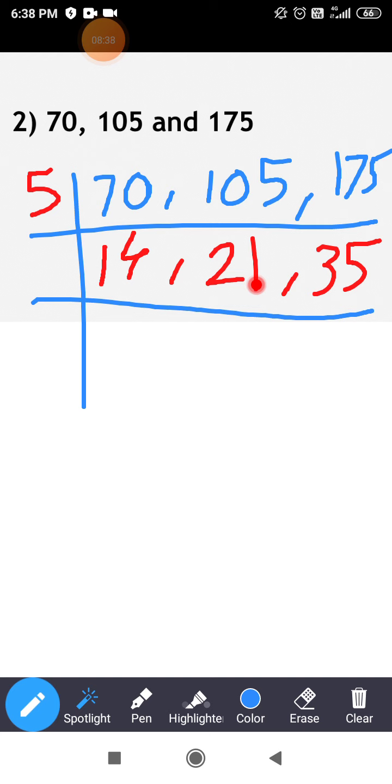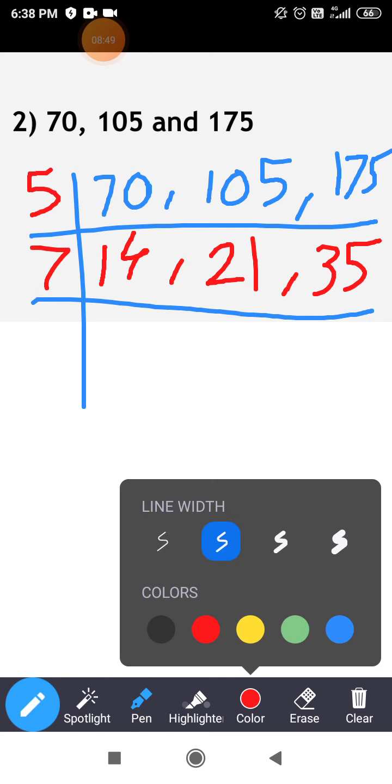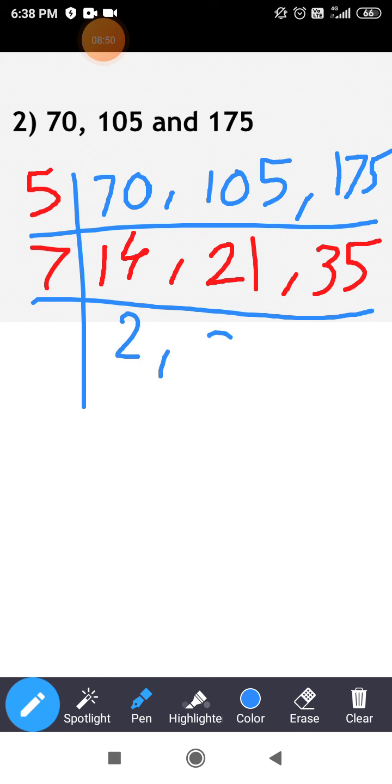Now if I check by the table of 7, all the three numbers are coming in the table of 7, so I will start the division by 7. Okay, now 7 twos are 14, 7 threes are 21 and 7 fives are 35. If you observe now, I am getting the numbers 2, 3 and 5.